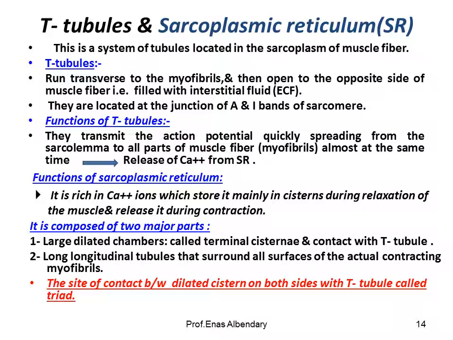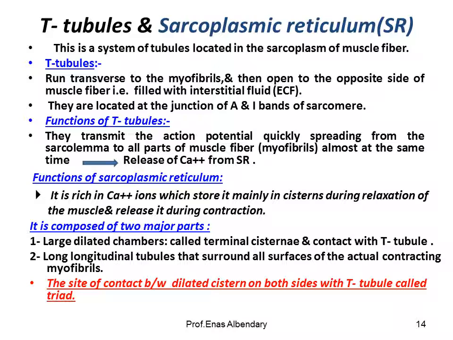Next lecture. Functions of T-tubules: they transmit the action potential quickly, spreading from the sarcolemma to all parts of the muscle fiber. يعني التي تبيول بتعتبر مجرى مائي للتوصيل، يعني مجرى زي قناة بالظبط، للتوصيل الاكشن بوتنشال.